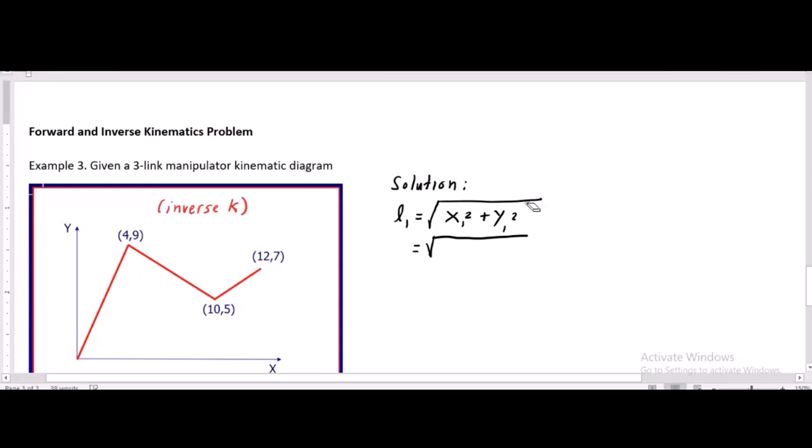Our x1 is 4. So that's 4 squared plus 9 squared for the y. So we get the value of L1, which is the square root of 4 squared plus 9 squared, 9.85. No specified units, so simply you write here units. So this is the answer for the L1.